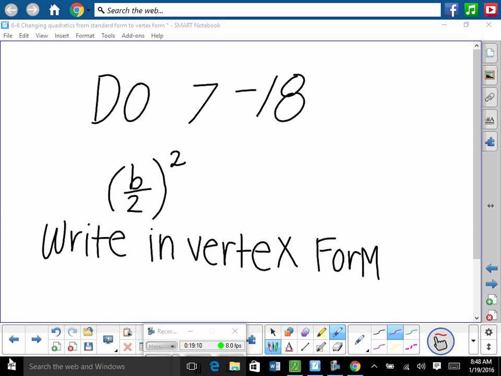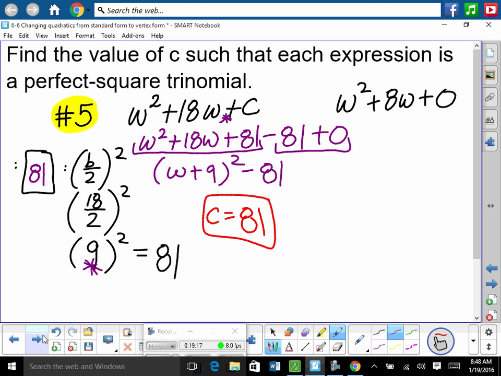As long as you understand, you can't just magically add an 81. You have to subtract 81. Does everybody see what I'm saying? That's why I went a couple steps further. So you're right. The value is 81, but you couldn't just insert 81 and stop. You'd have to add 81, subtract 81. But the answer is c is equal to 81. Does everybody understand what I'm saying here?